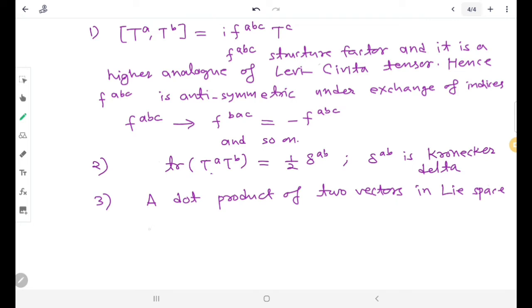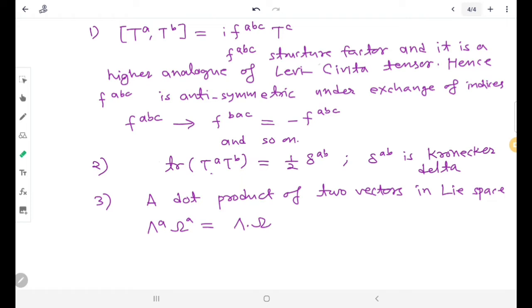We shall write it like this: lambda^A omega^A, this is equal to lambda dot omega. We have to specify which type of dot this is, because we have a dot for space-time as well, so we have to be very precise about which dot we are talking about. So this is your third property.